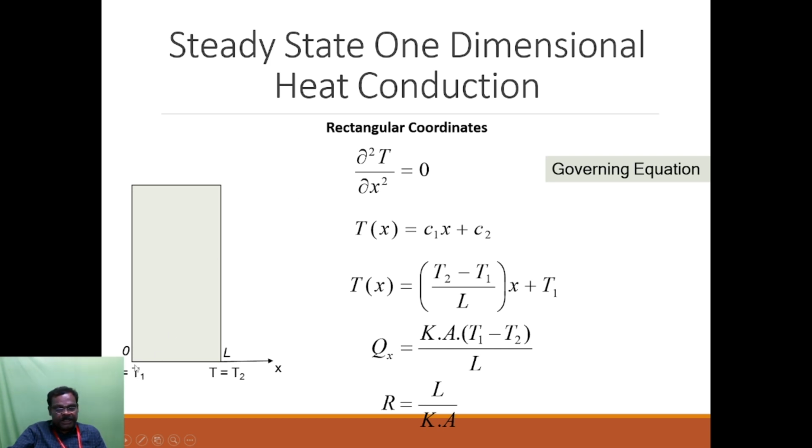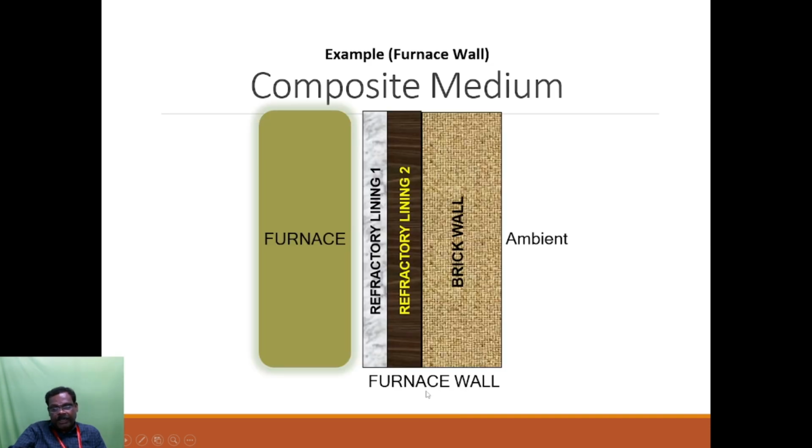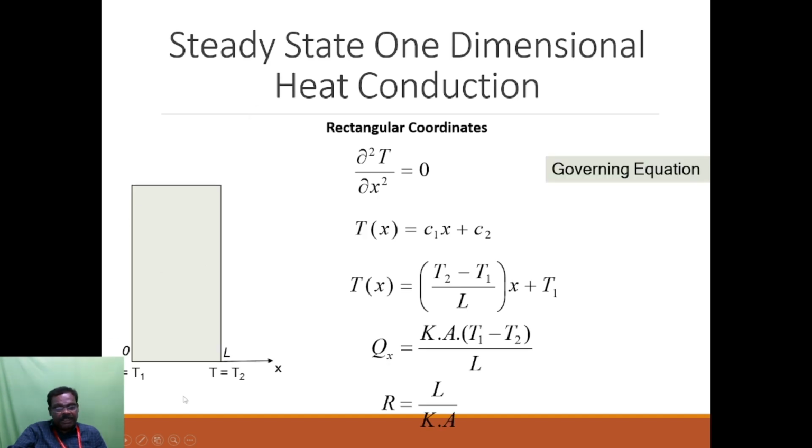So this is initial temperature, final temperature. This is the thickness, and the thermal conductivity of this surface is K. So Q equal to K A delta T, where delta T means the difference in temperature, divided by L. So R equal to L by K A. What we have seen here is the plane wall.